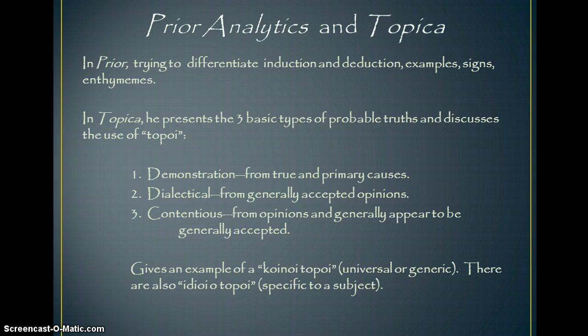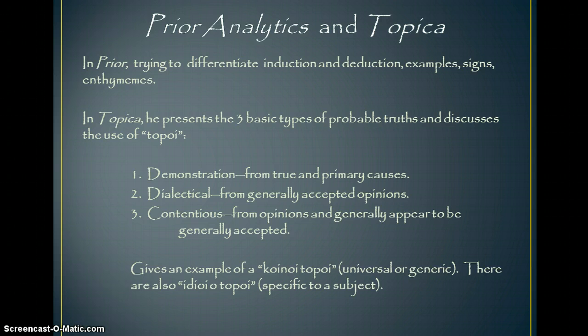Now he gives examples of koinoi topoi. It's hard to say, which are universal or generic arguments. From greater or lesser, and so on and so forth. And then there are also idioi topoi, and they're specific to a subject. Okay? Now, just to break it down, make it easy for you.